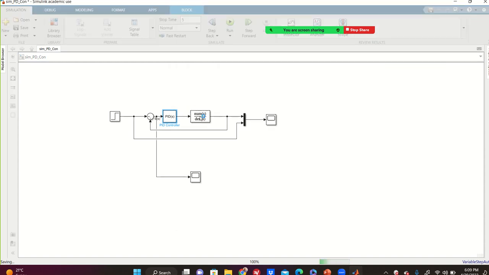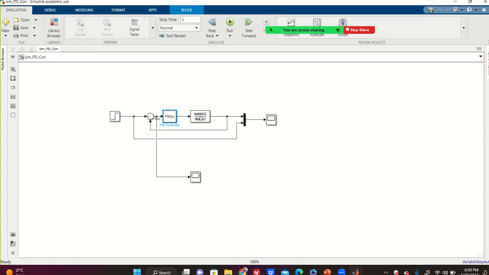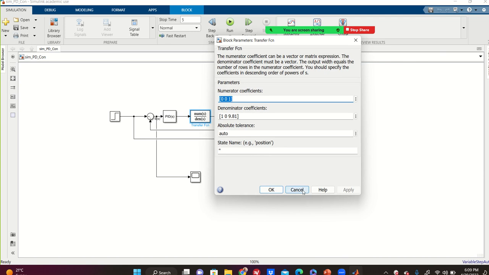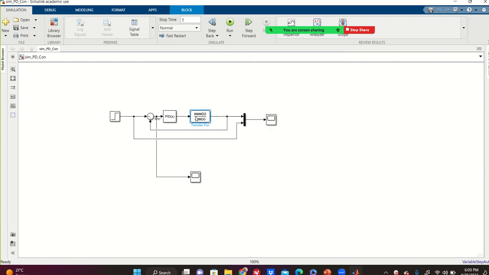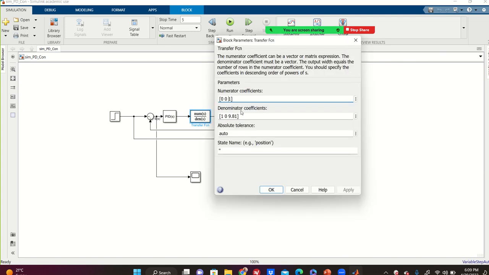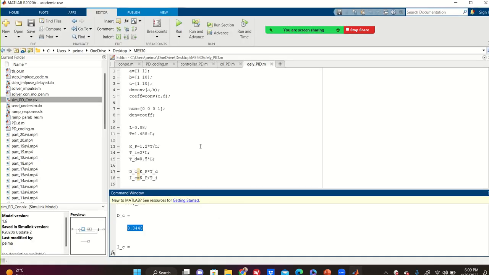And what was our system? Okay, guys, I have a question for you. Our system is a third order system, as we did here. What were the coefficients that we got for our system?